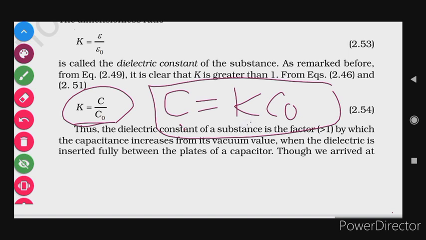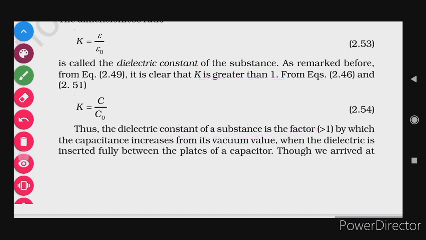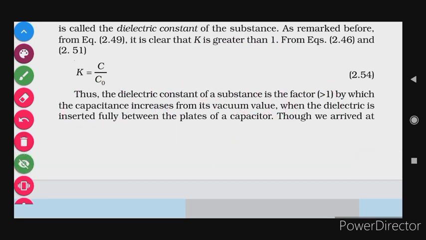So I can define the dielectric constant from here, okay. It is the ratio of the capacitance of the capacitor when dielectric is introduced to the capacitance when no dielectric was introduced, okay. So the dielectric constant of a substance is the factor by which the capacitance increases from its vacuum value. You can also say it like that, how many times the capacitance increases when dielectric is introduced, that is the dielectric constant, okay.